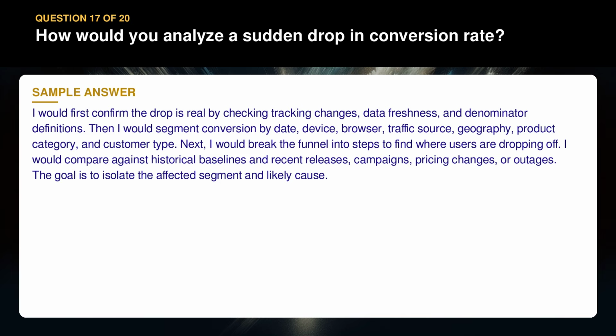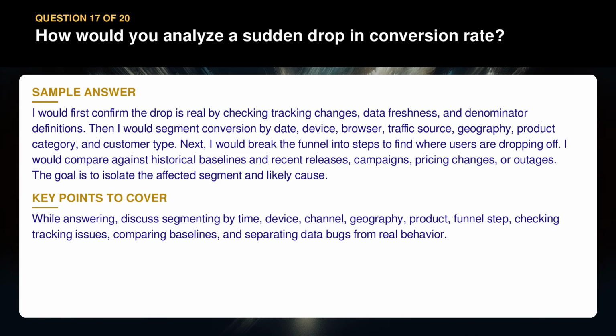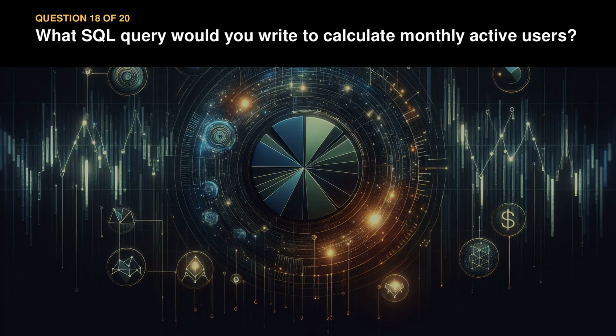I would compare against historical baselines and recent releases, campaigns, pricing changes, or outages. The goal is to isolate the affected segment and likely cause. While answering, discuss segmenting by time, device, channel, geography, product, funnel step, checking tracking issues, comparing baselines, and separating data bugs from real behavior.